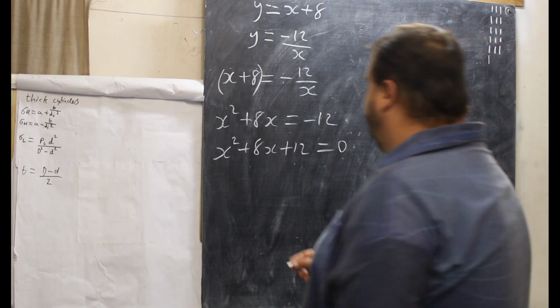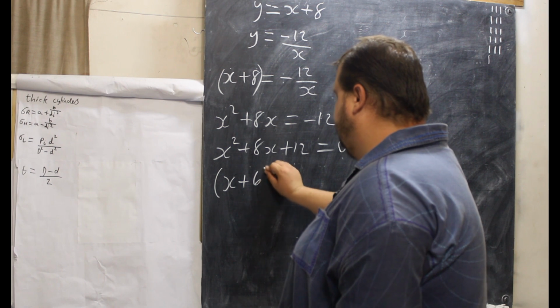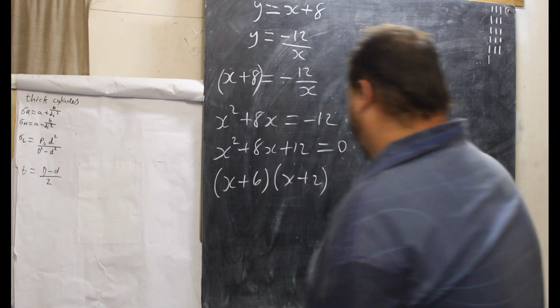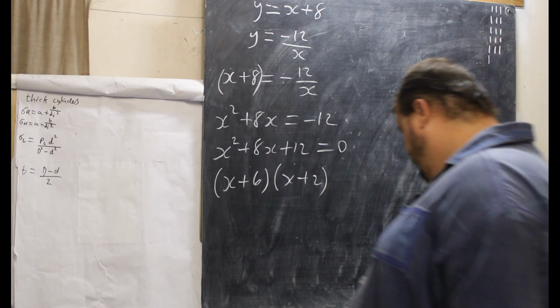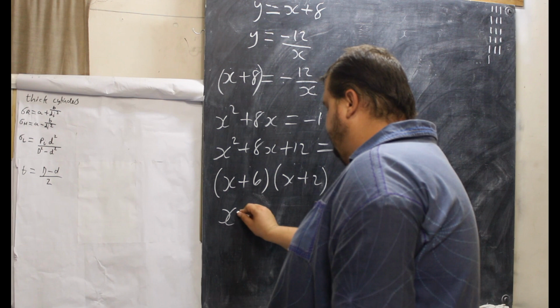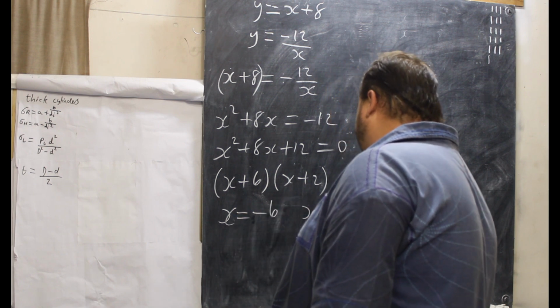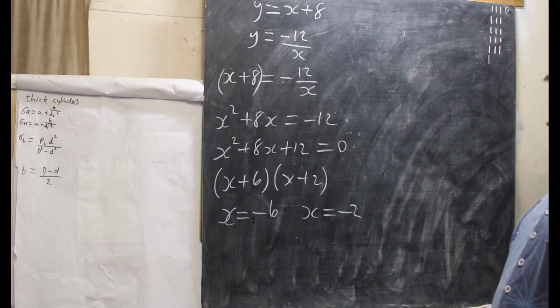Now, next step is we factorize: x plus 6 and x plus 2. So, what we're going to have, x equals minus 6 and x equals minus 2. That's how this will work.